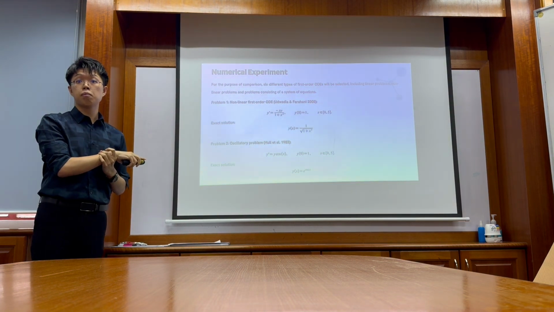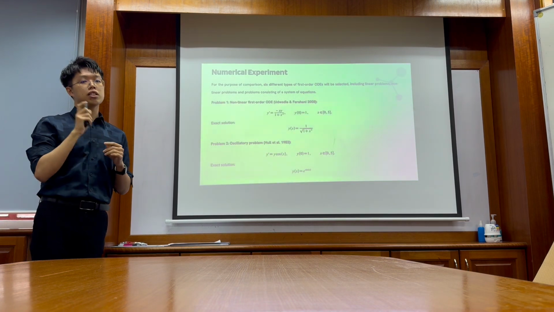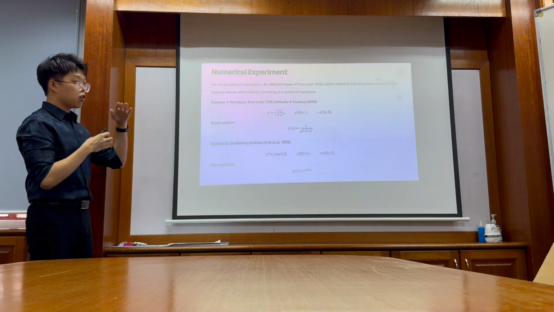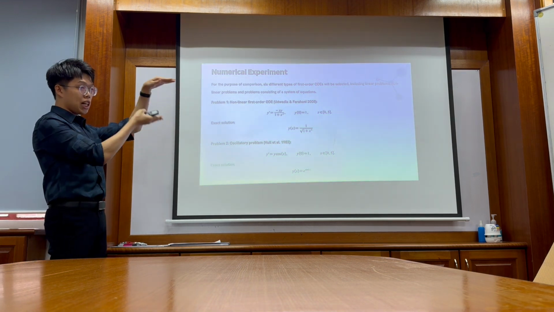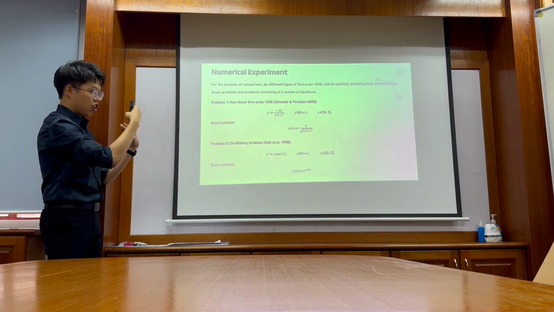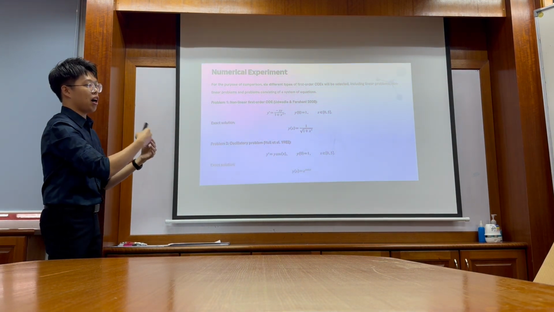I use the Taylor series. Actually, I think I didn't include my Taylor series code in the appendix because it's very long, but I can include it. In my code, I did start off with the Taylor series of y, and then for my method, the K1, K2, K3, I expanded, and then I compared all the Taylor series.